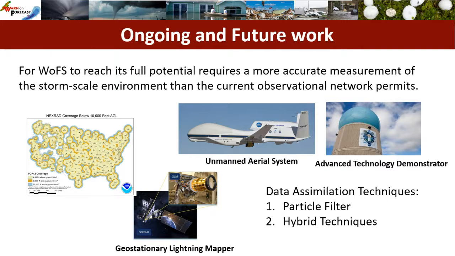We are developing capabilities to assimilate new and emerging observation platforms like the UAS, Doppler wind lidar, phased array radar observations, and other emerging observations. And we are also testing other data assimilation techniques like the particle filter and hybrid techniques. And this is my last slide.